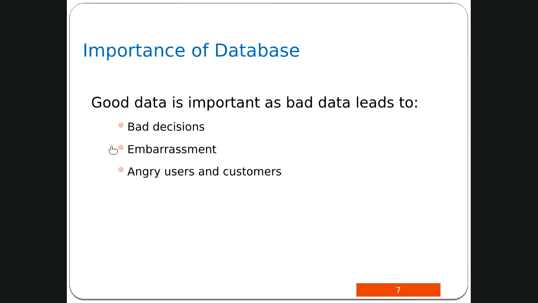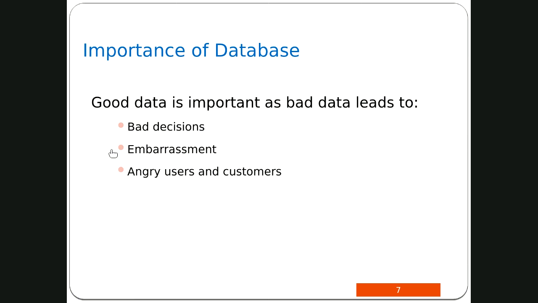It can also cause embarrassment. If the organization provides its users or customers with bad data, it can cause embarrassment. For example, if you order pizza from Papa John's and they have a lot of customers ordering at that time, and they promise you the pizza will be there in 30 minutes, but it's not possible for them.